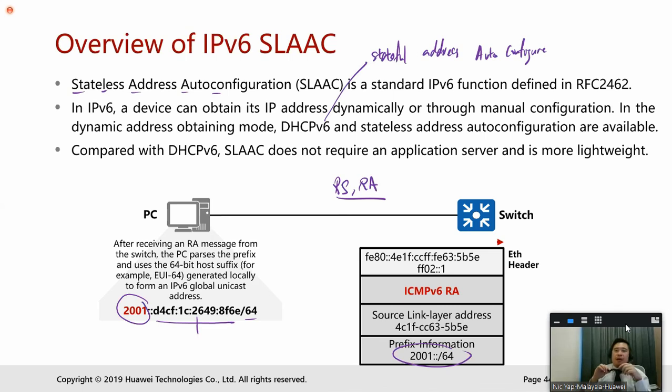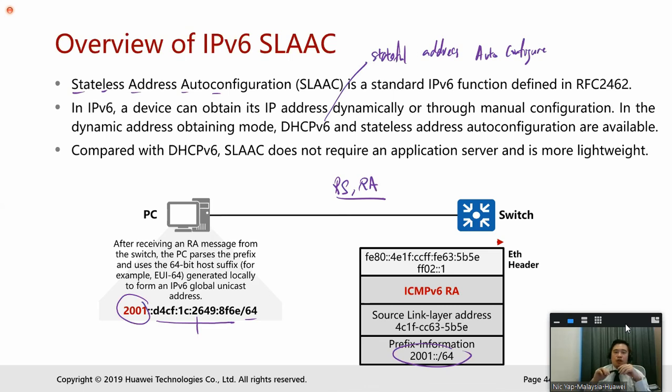So in this case, after stateless auto configuration is enabled, an IPv6 address does not need to be manually configured, and the device is plug and play. You plug in, you can use it already. You do not need to think of what IP address is going to be defined on these devices.